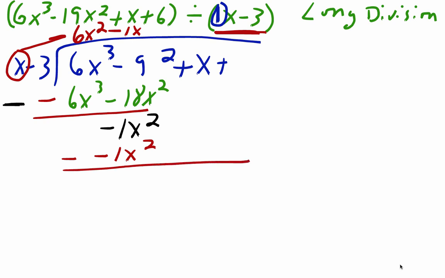We are now going to bring down the x here, and we take the negative 3 times the negative 1x at the very top, and that gives us 3x. Subtract those. Oops, I'm sorry, that should be a negative 3, so that should be a minus 3 right there.